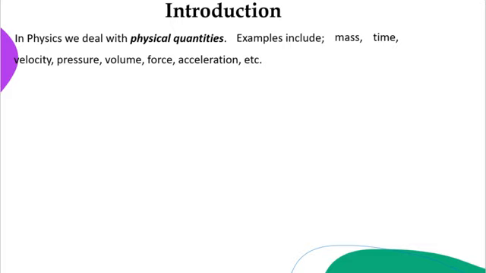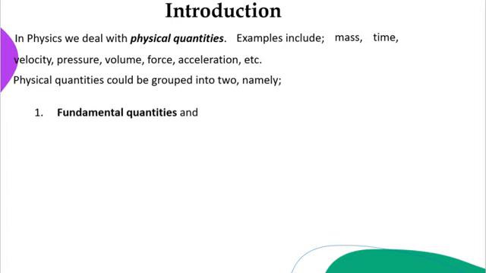All the physical quantities that we have can be generally grouped into two. The first group is the fundamental quantities, and the second group is the derived quantities. So any physical quantity you come across is either a fundamental quantity or a derived quantity.